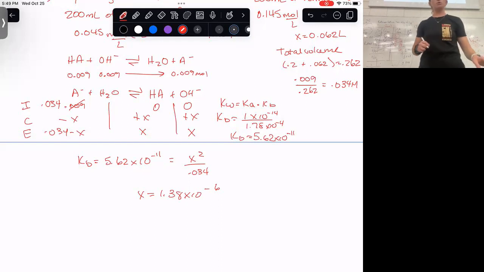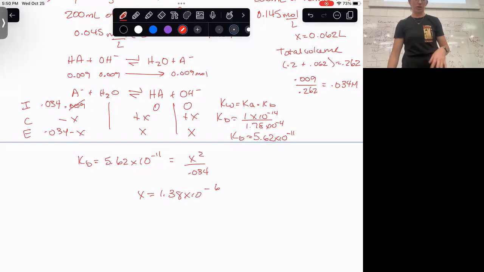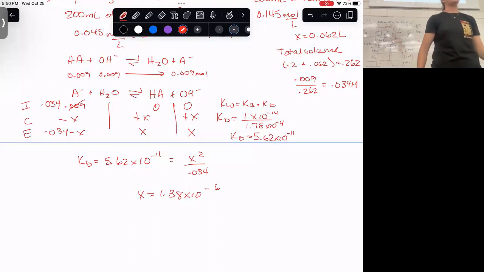The other assumption would be if you had some concentration of OH minus or HA still there. Your change is still plus X, but that change is going to be so small you can leave it out.